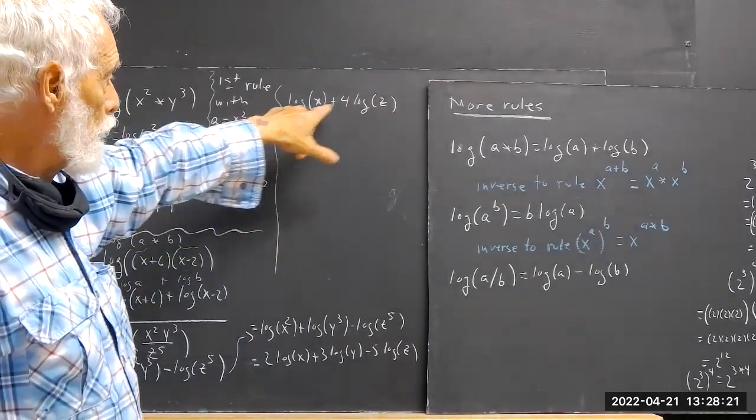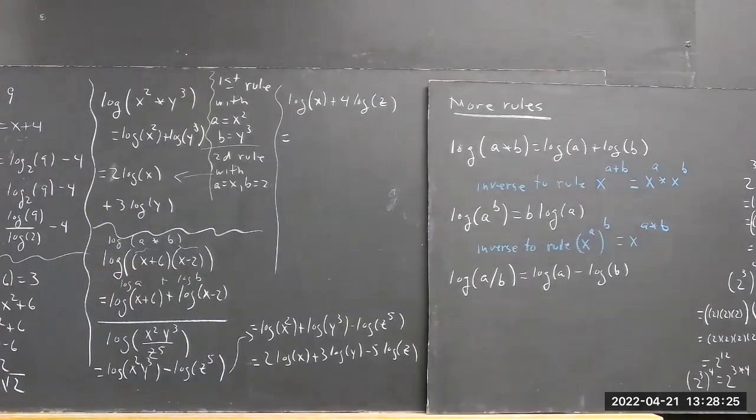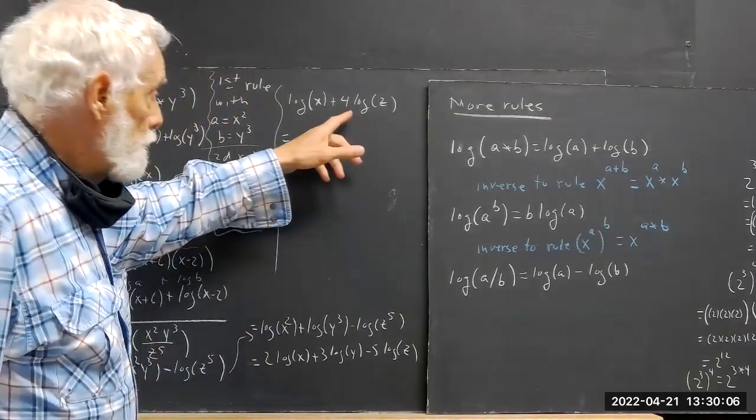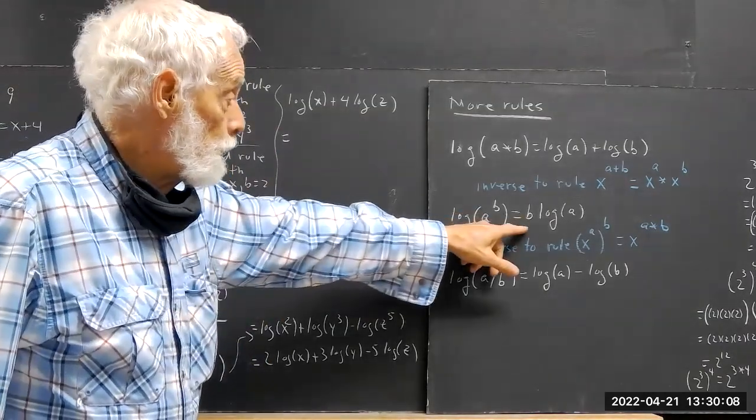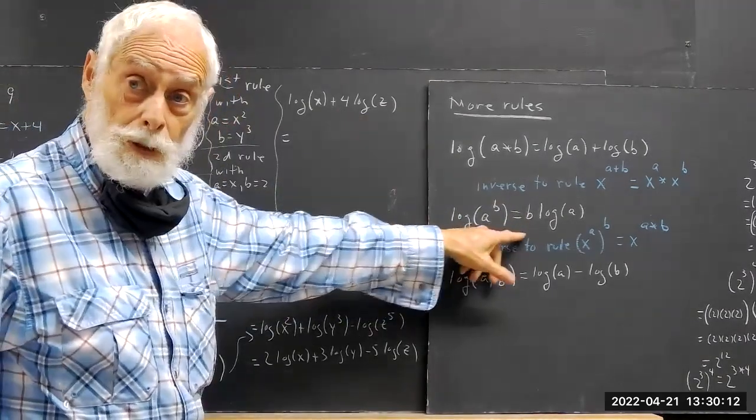What can you do with the log of x plus 4 log of z? Okay, now there are a couple of different things you can do here. A lot of people saw that the second rule applies because you've got 4 log z, and that's going to be the log of z to the 4th because of this rule.